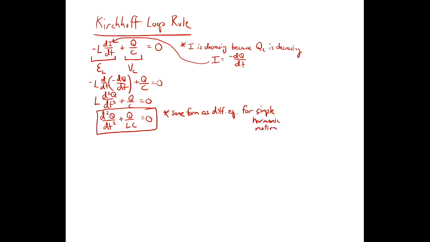The exact same thing applies mathematically because, while it's a different system, mathematically they're identical. While we're dealing with charge and inductance here, in the other case you'd have spring constants and masses. But overall, the effect is the same. The solution to this equation, Q, is Q naught cosine of omega t plus a phase angle phi.